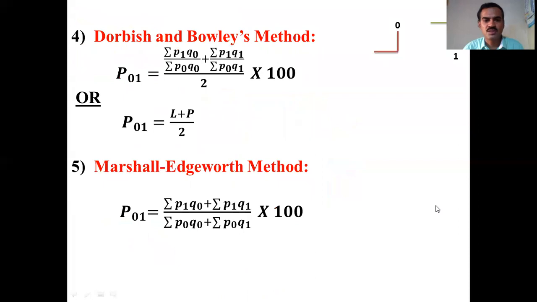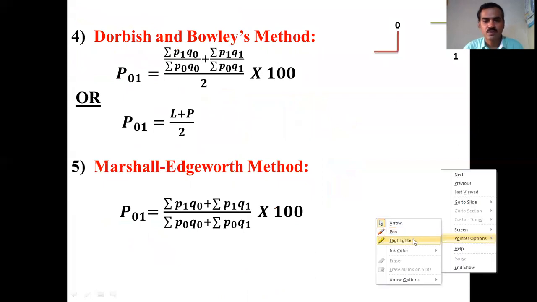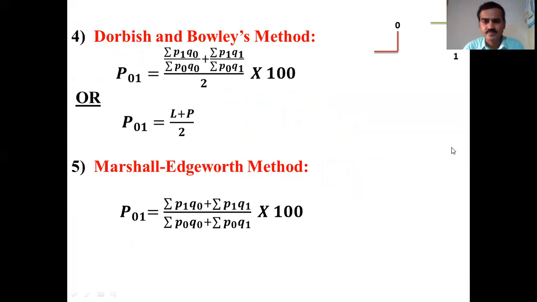Now we shall move towards the fourth kind of index number, that is the Drobish and Bowley method. See here, P01 equals sigma P1 Q0 over sigma P0 Q0. So this here is the Laspeyres formula and this here is the Paasche's formula, that is sigma P1 Q0 divided by sigma P0 Q0 plus sigma P1 Q1 divided by sigma P0 Q1, whole divided by 2 into 100.